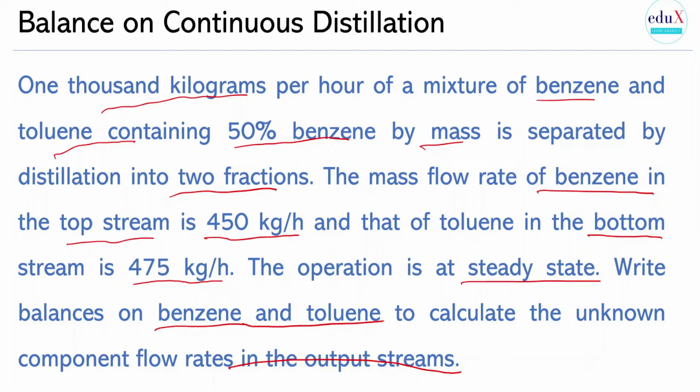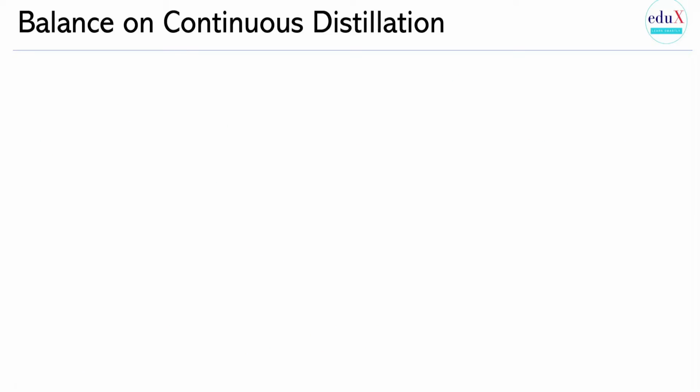In material balance, whenever you have any problem, first of all, you have to draw a process flow diagram. It will definitely help you understand what is happening, and it makes it much easier to apply the correct balance equation. So this is the distillation unit, and here is the feed to this distillation unit.